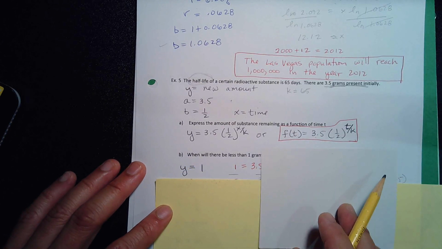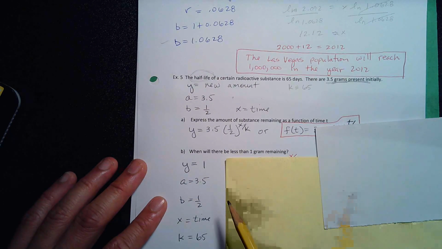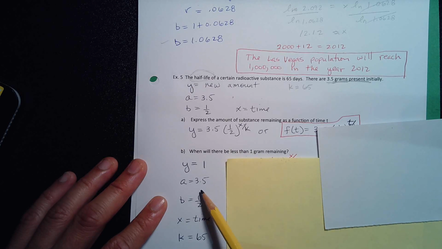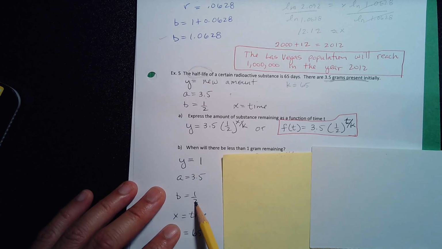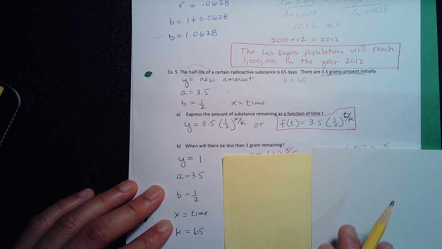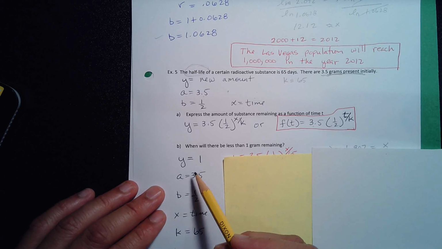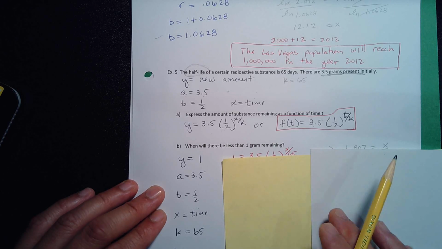So again, it says when will there be less than 1 gram? All right, so let's take a look at this again. The new amount is 1. A is the initial amount, 3.5. B, we already said it's 1/2. X is time. Half-life is 65. So all I'm going to do is substitute all these values back into this equation.